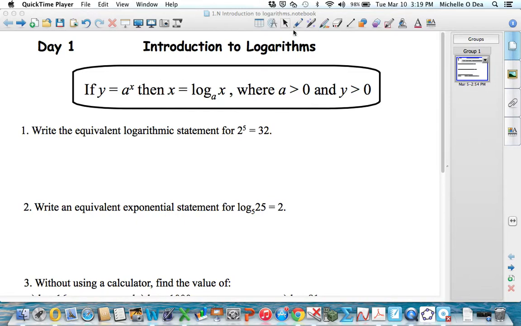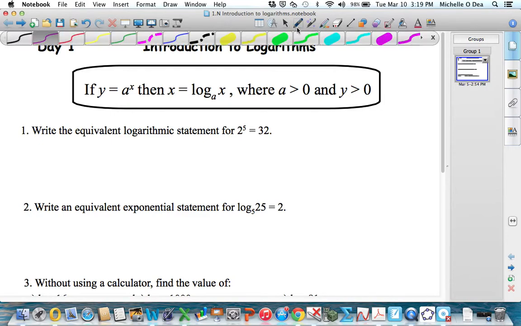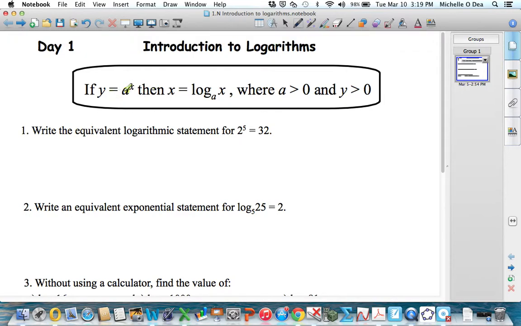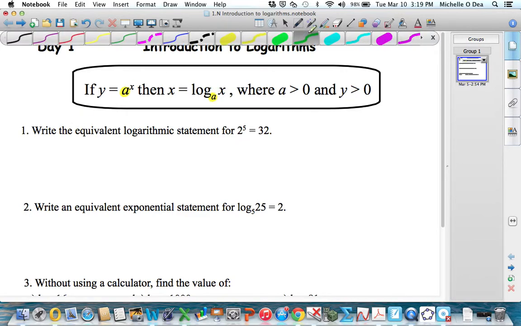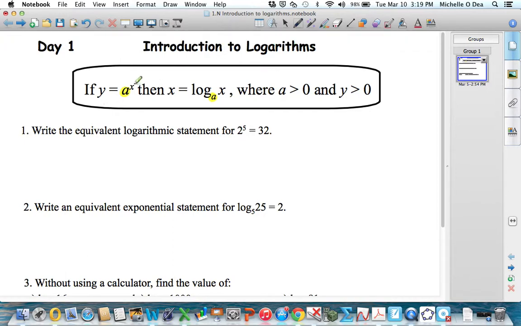So we notice here that the base of the exponential, in this case, is a. This is called the base of the exponential, and that becomes the base of the log. Then we notice that the power of the exponential then actually becomes, I just realized there's a mistake there, what it's equal to.